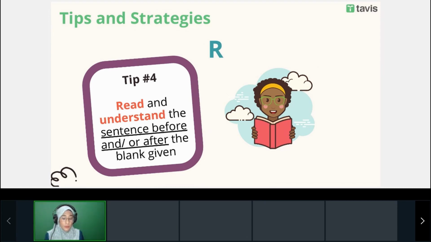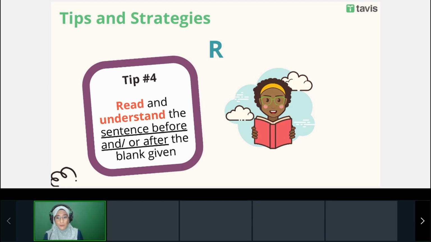You have to make sure that you read the sentence before and the sentence after the blank, just to make sure what it needs you to write, or what it needs you to choose from the options given. Just for you to get an idea.